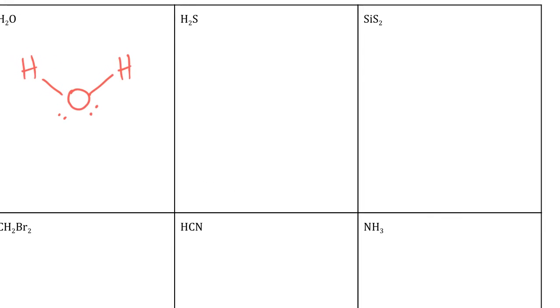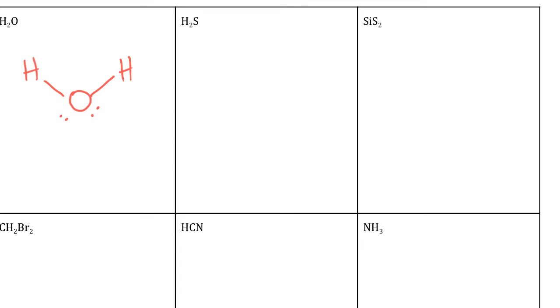Next one, H2S. Here's another covalent compound. So I'm going to stick S in the middle as the central atom. And I'm going to join this up with H and H on the other side. So let's see. We've got sulfur.